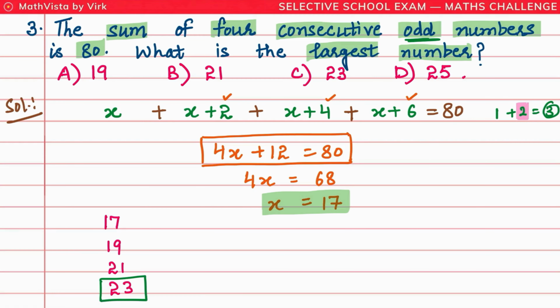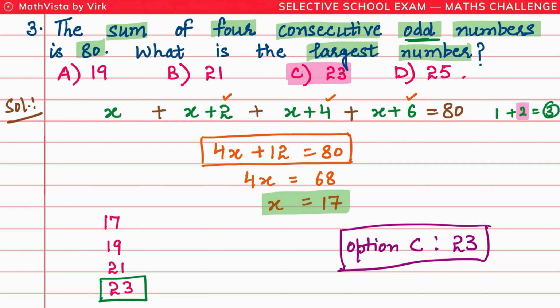Obviously 23, and in the options it is option C. So our correct answer is option C, that is 23. I hope it's clear to everyone. Many students solve this by trial and error also, but for selective exams we usually prefer algebra as it's often faster and more reliable.